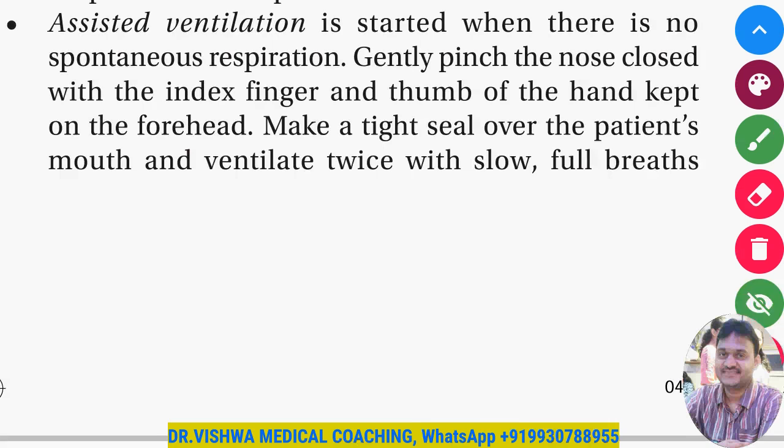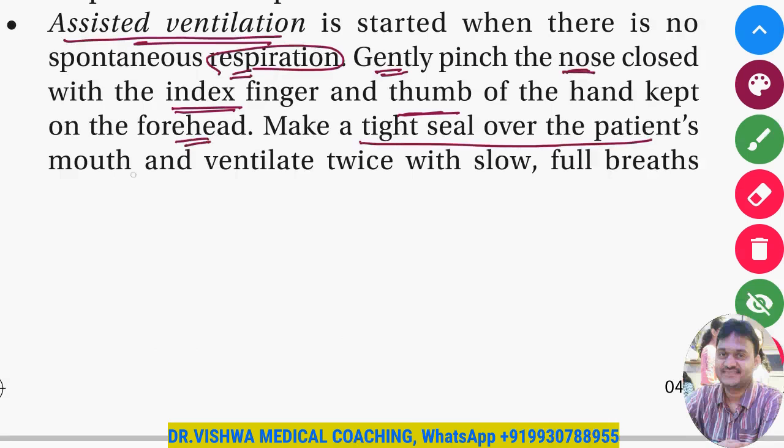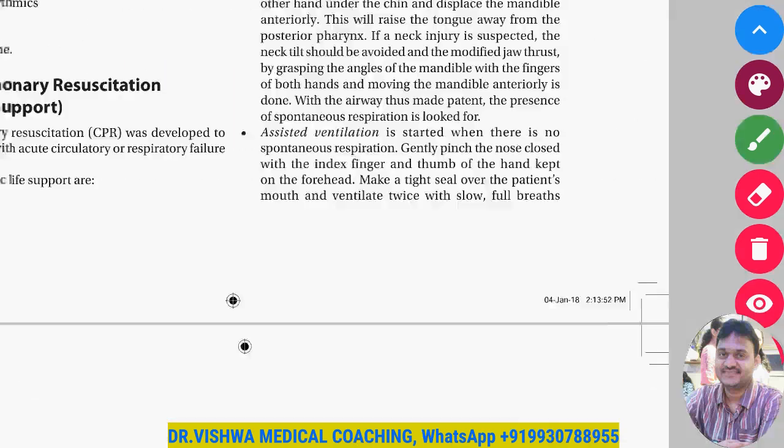Then you start assisted ventilation, that is mouth to mouth respiration or ambu bag respiration, when there is no spontaneous respiration. Gently pinch the nose closed with the index finger and thumb, keeping the hand on the forehead. Make a tight seal over the patient's mouth and ventilate twice with slow full breaths.